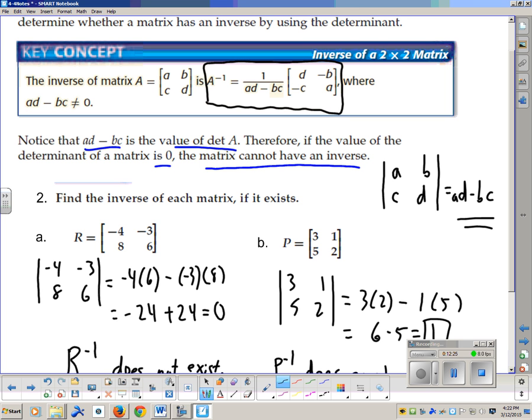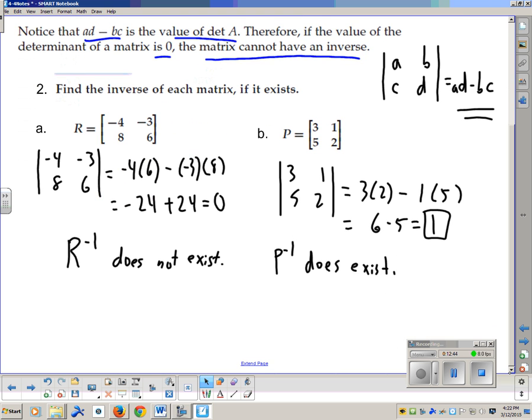We're going to rearrange it: switch around the D and the A, then do the opposite of B and the opposite of C and put them in there. Then we're going to multiply that by 1 over the determinant value.